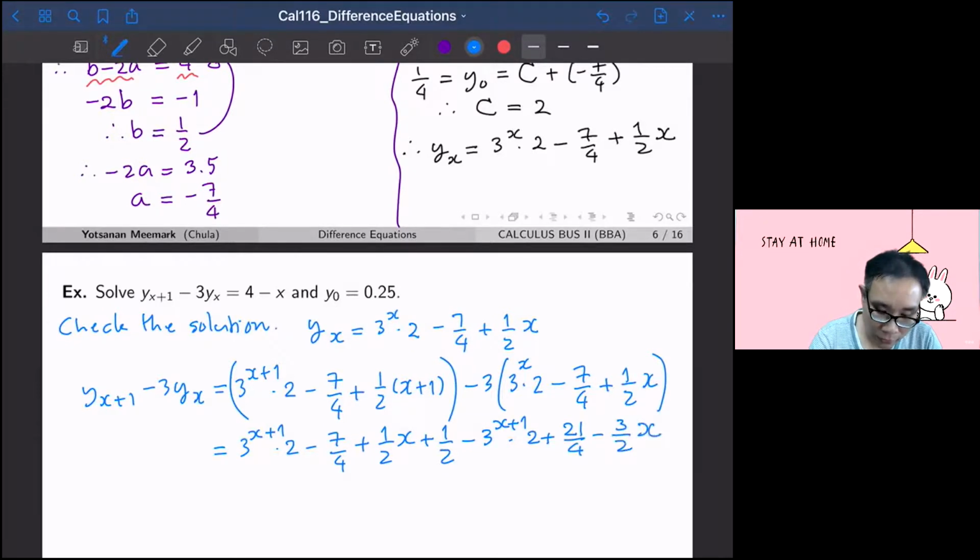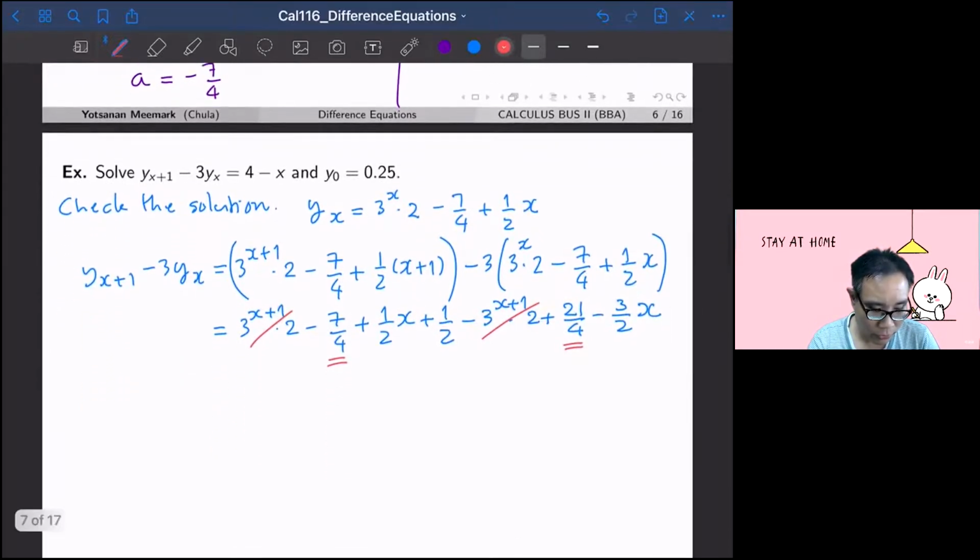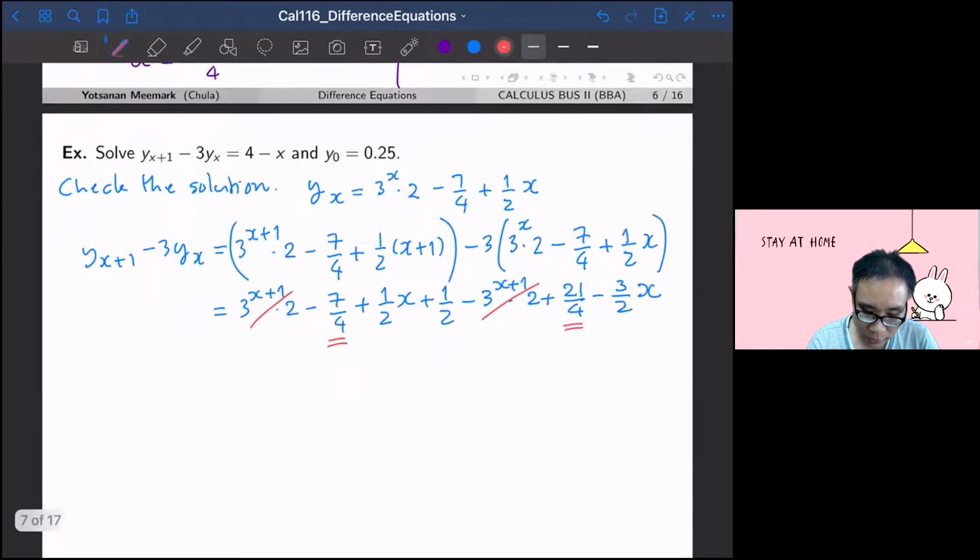Okay, and you see that this term and this term disappear, and you have this term and this term, so you have 21 minus 7, so it's going to be 14, right?